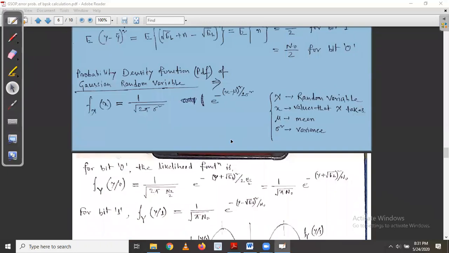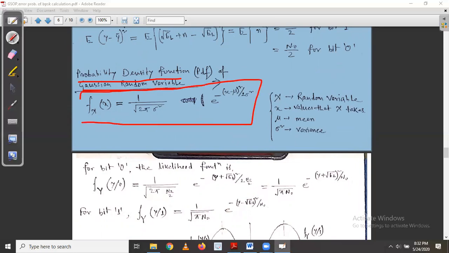Now, the interesting thing is the probability density function, the PDF of a Gaussian random variable. This is the expression. Don't be afraid of it.